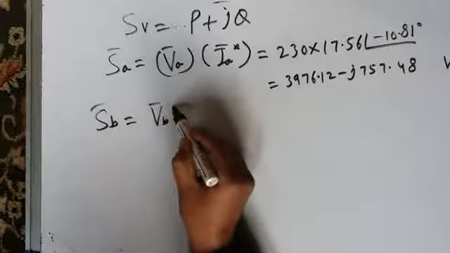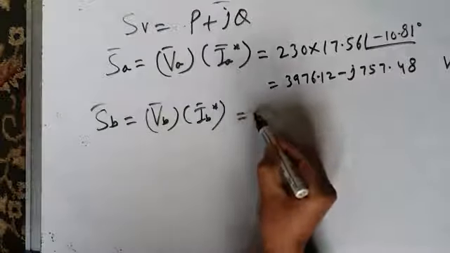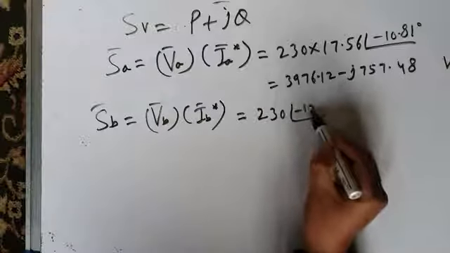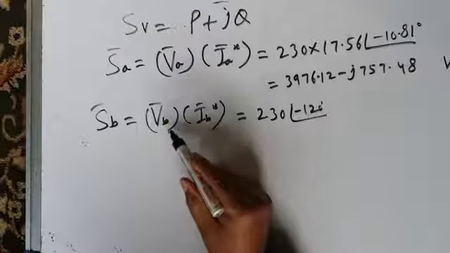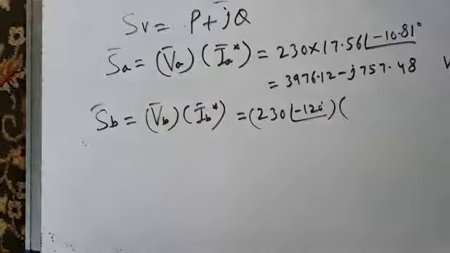Similarly, you can find SB. SB is VB into IB complex conjugate. VB is 230 at an angle of minus 120 degrees. And IB we found a while back. How much was IB?